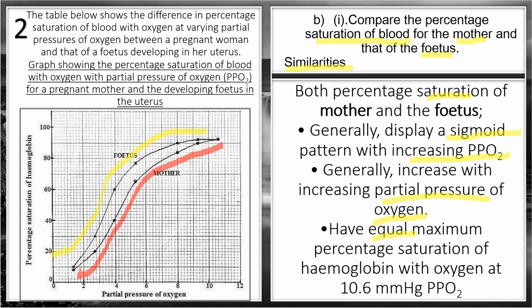And they have equal maximum percentage saturation of hemoglobin with oxygen at around 10.6 millimeters Hg of partial pressure of oxygen. So both of them have the same amount around here. They have the same percentage saturation of hemoglobin with oxygen at around 10.6 millimeters Hg of partial pressure of oxygen.